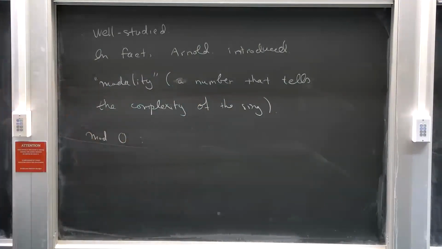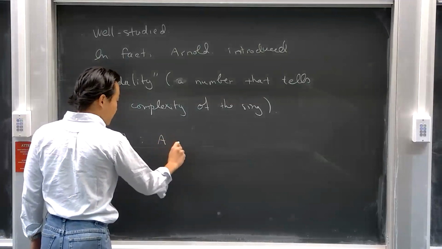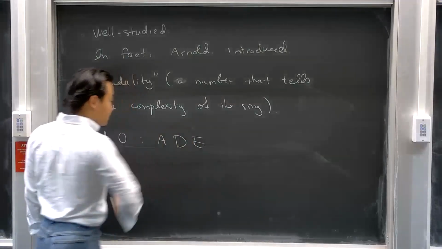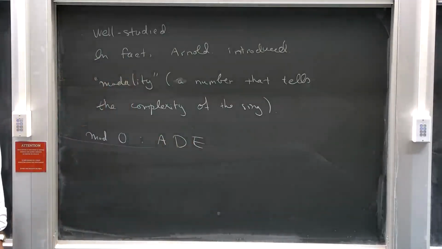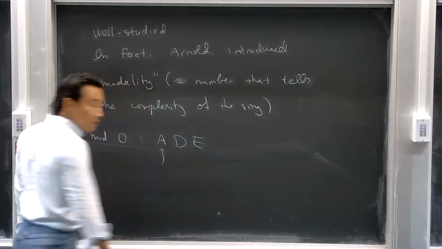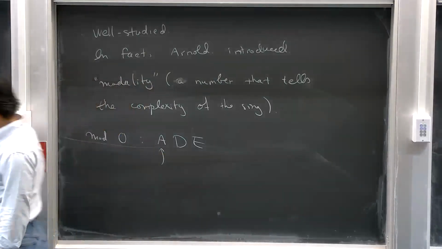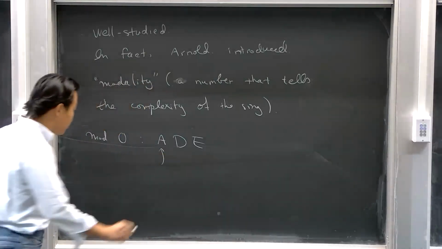The modality 0 ones are the most simple singularities, and they're very famous, ADE. For example, the A singularities have the polynomial expression of the following form.